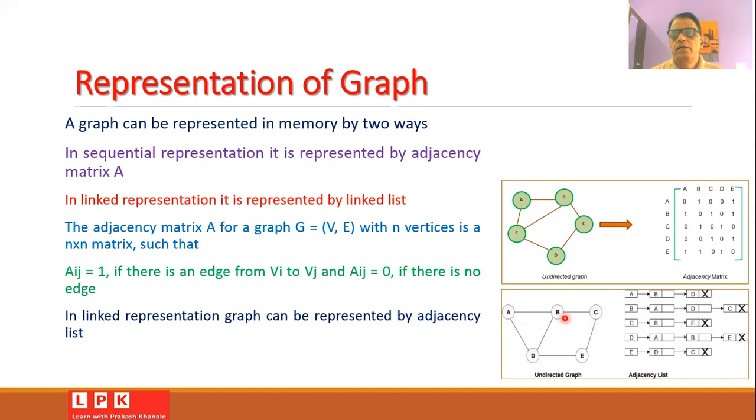Similarly, from B there are edges to A, D, and C, and therefore we can have a pointer from B to A, then to D, and then to C, and the pointer value for this node C will have a null value. In this way, we can prepare the adjacency list for any given graph, and this adjacency list can be represented by making use of a linked list. And the matrix can be represented by making use of a two-dimensional array.